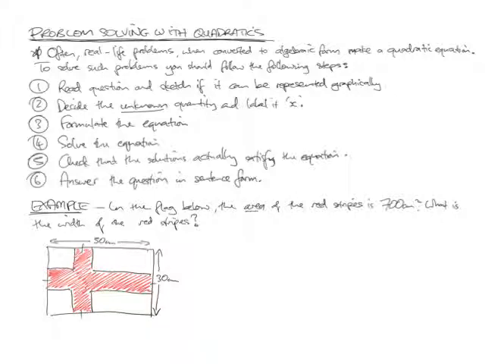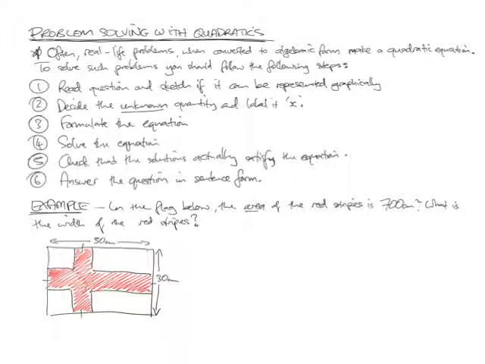After you've decided the unknown, formulate the equation. Use your understanding of maths, geometry, finding the area, the space of things. Use that knowledge to form an equation involving the unknown and the things that you do know in the question. Then solve the equation using the techniques that we've shown previously for solving quadratic equations. Step 5, check that the solutions actually satisfy your equation.